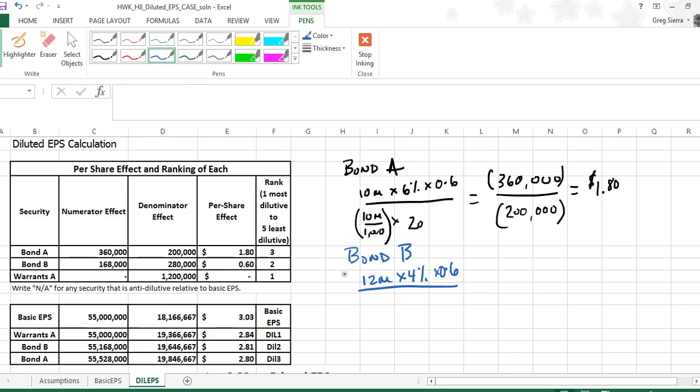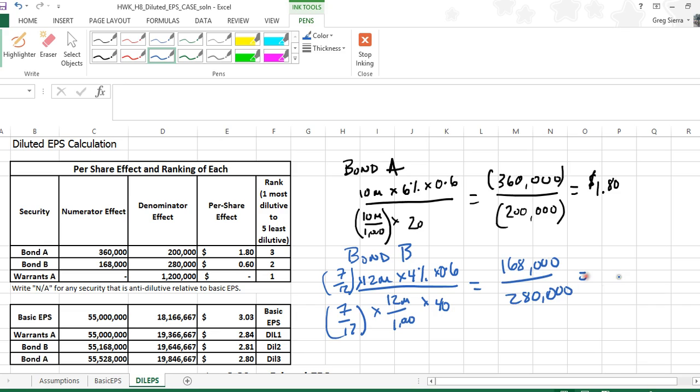So let's get back to the 7/12 here, 7/12 here, times 12 million over 1,000 times a conversion ratio, I think, of 40, which will equal 168,000 over 280,000, which equals 60 cents. Okay, so the warrants, let me do the warrants.